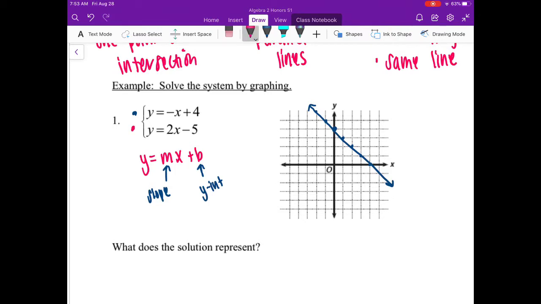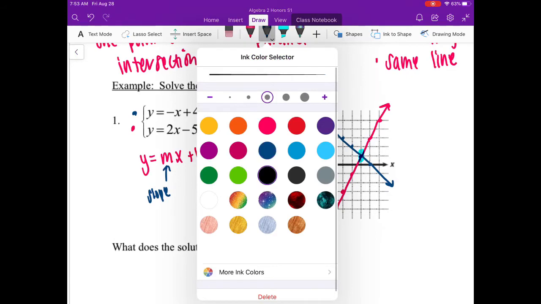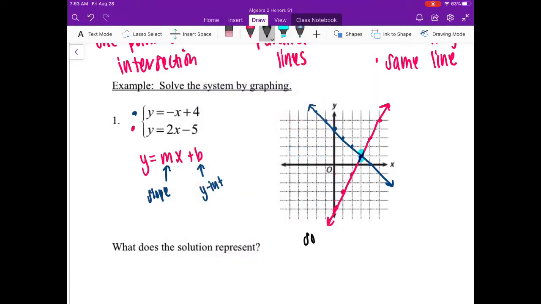My second line, I'm going to start at -5. And I'm going to go up 2 over 1. So I see that my two lines do intersect. So once I'm done graphing, I still need to write what my solution is to the system.